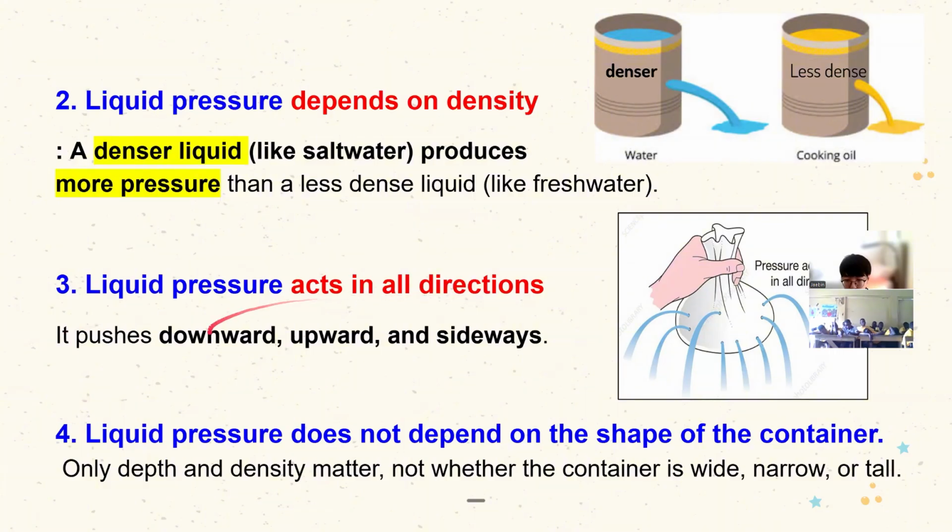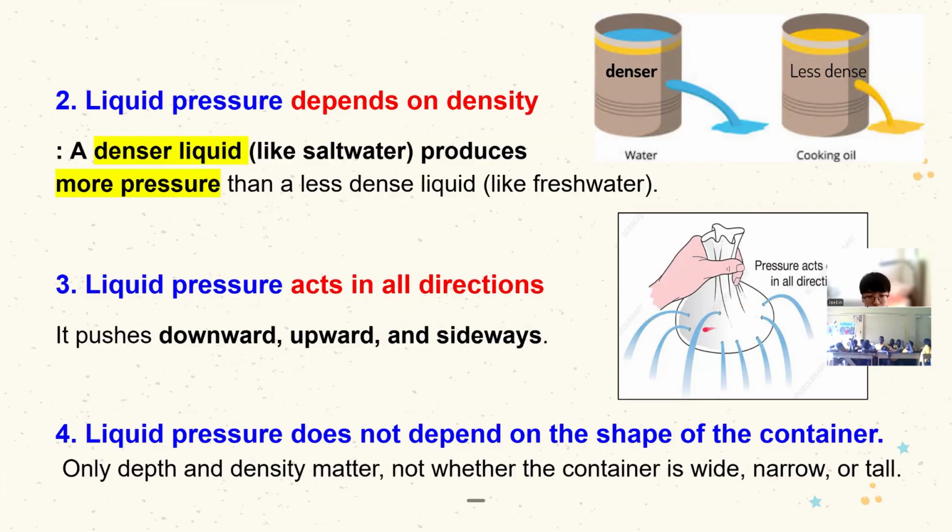So all points of liquid pressure act downward, upward, and sideways. So there is an equal amount of pressure in every direction. And the fourth property is that liquid pressure does not depend on the shape of its container. So only depth and density matter, not whether the container is wide, narrow, or tall.